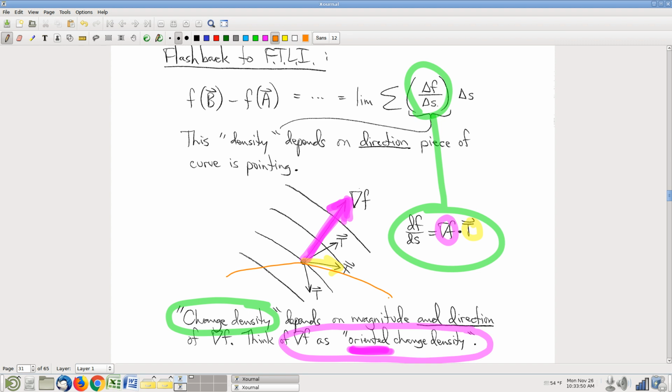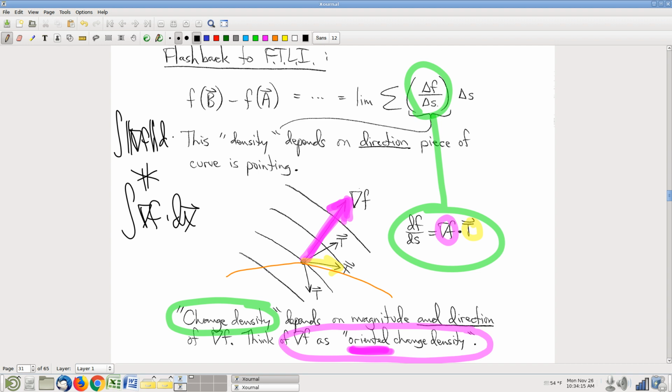Okay. And by the way, it really matters, right? You can't just rewrite the fundamental theorem for line integrals, the integral of gradient f dot dx. It would completely not make sense to say, you know what, just look at how fast the function is changing, let's just look at the magnitude of the gradient.